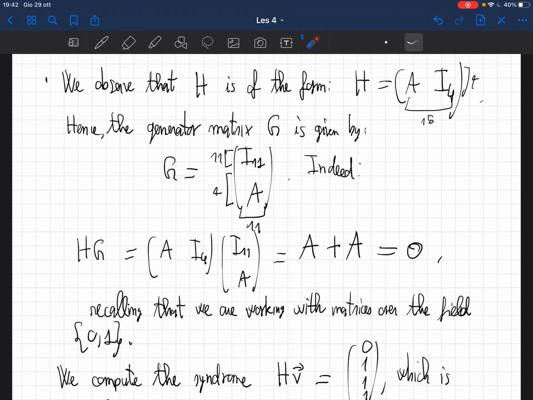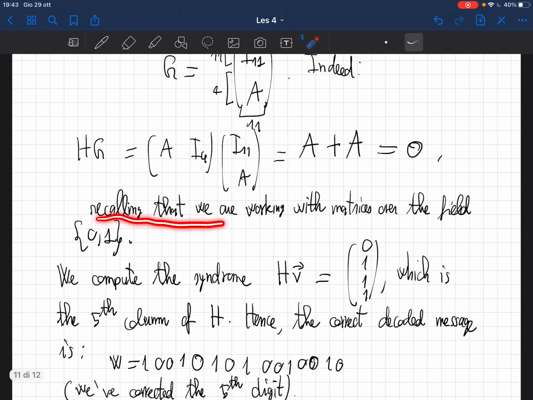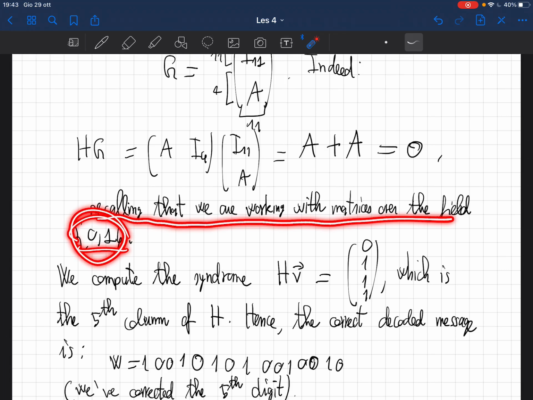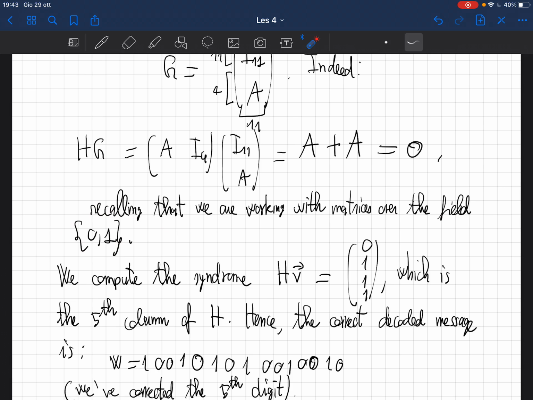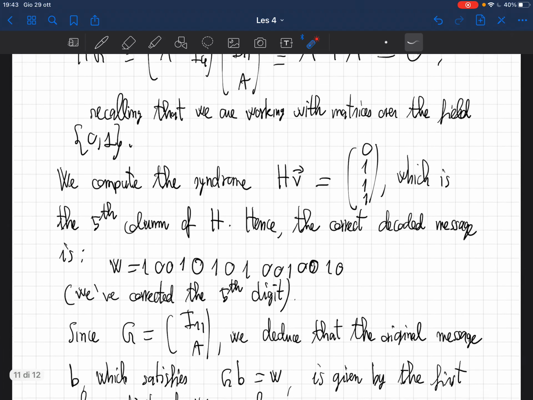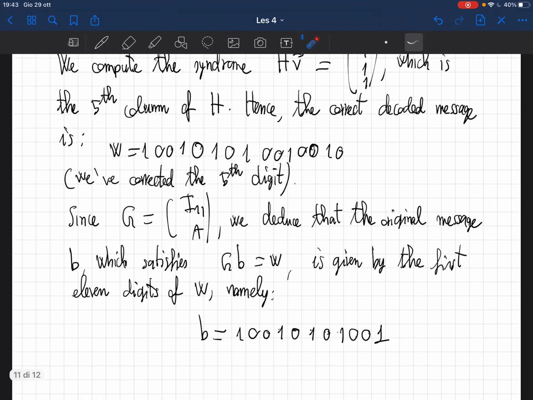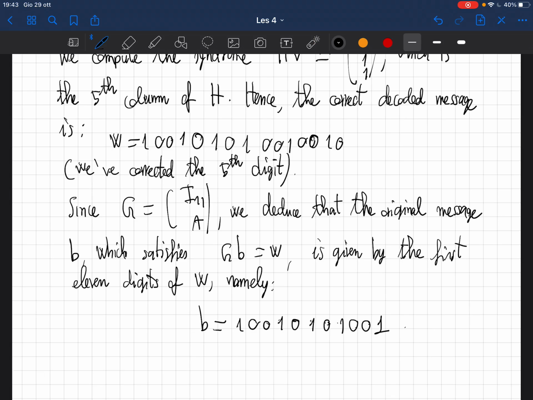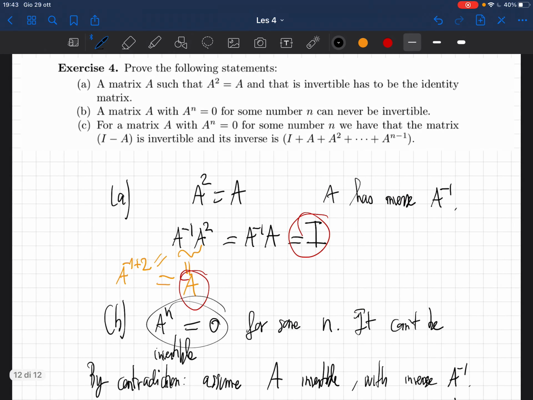You first say that you have this block matrix, you find this generator matrix, and you recall that you are working over the finite field with two elements 0 1. Then you compute the syndrome and so on. This is a perfect solution for this exercise.